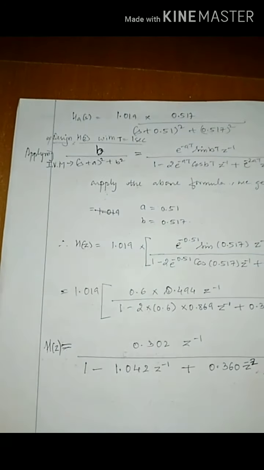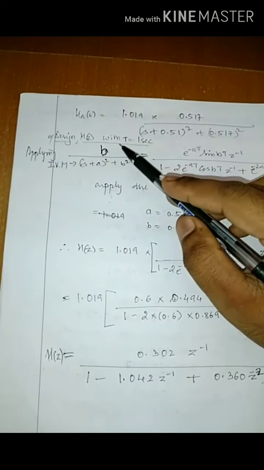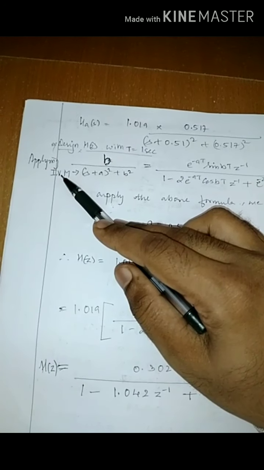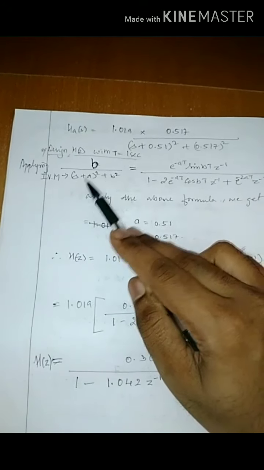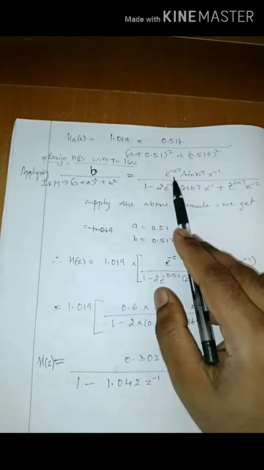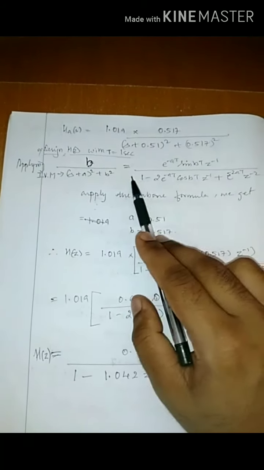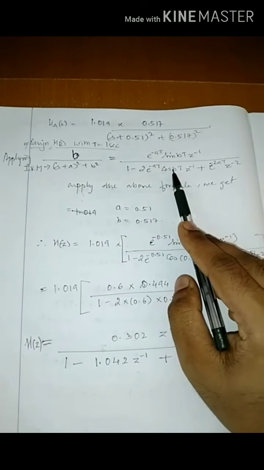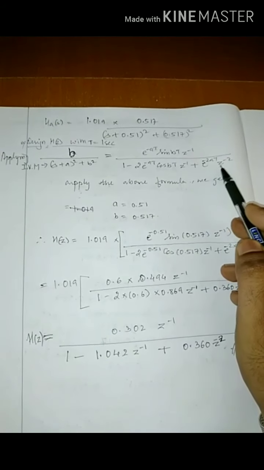Now we are going to convert that H of S to a digital filter. So design H of Z with T equal to 1 second, applying the impulse invariance method. So b divided by (s plus a) the whole square plus b square, this expression can be written as e raised to minus aT sin bT z raised to minus 1, whole divided by 1 minus 2 into e raised to minus aT cos bT into z raised to minus 1 plus e raised to minus 2aT into z raised to minus 2.